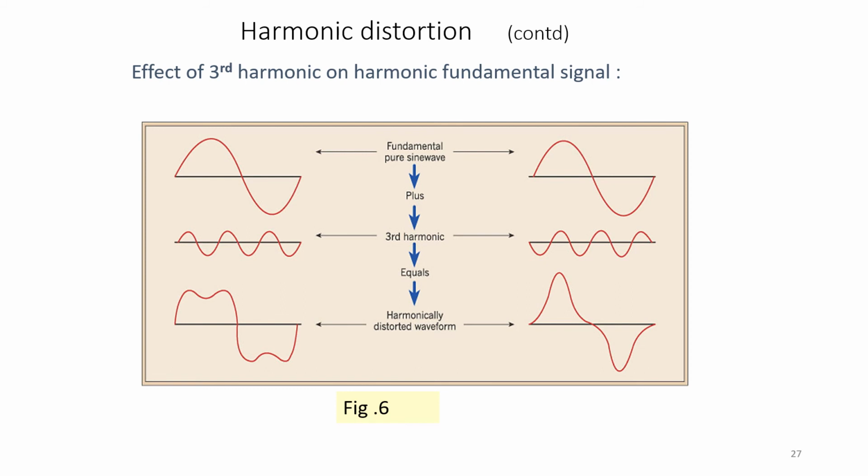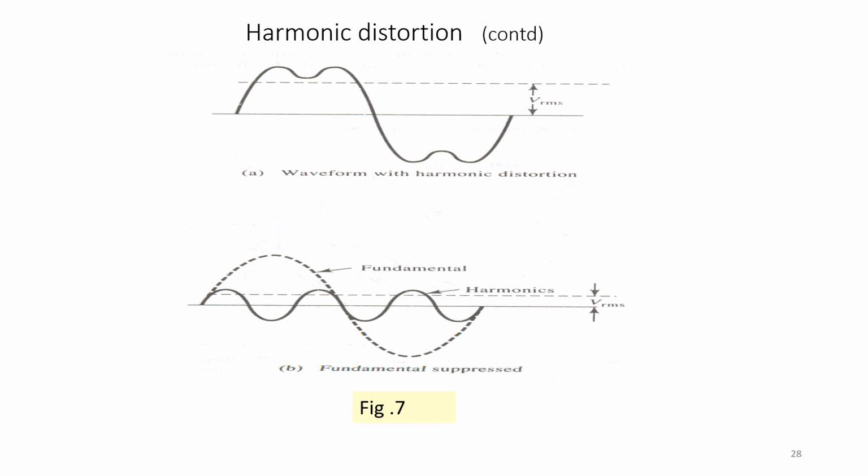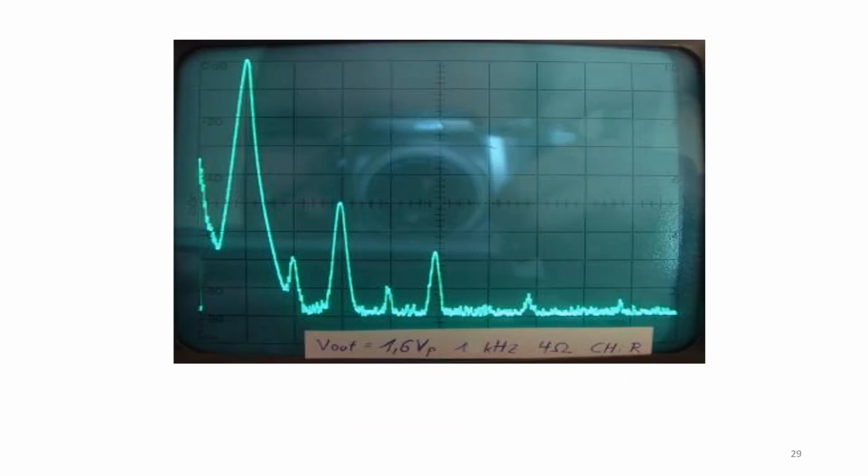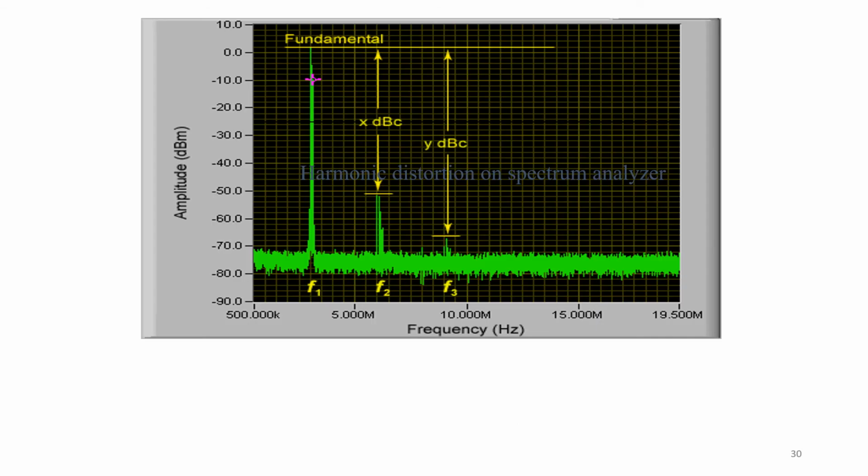Please see here. We can see the fundamental pure sine wave, the third harmonic, and the resultant waveform. So much distortion is present because of the third harmonic. These are the waveforms with the fundamental and the harmonics present. Harmonic distortion viewed on a spectrum analyzer.